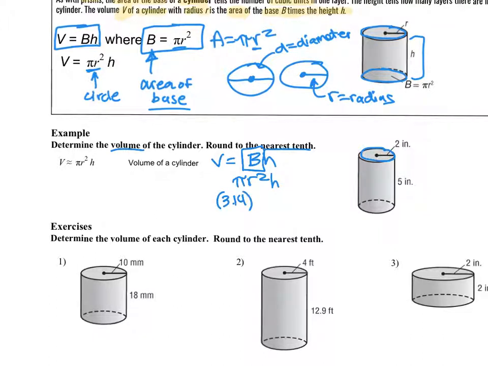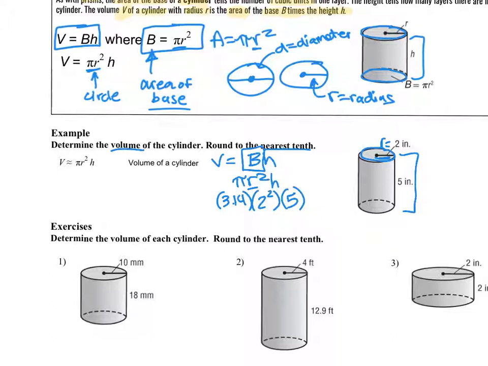It saves you some headache and cuts down on any mistakes you might make. My radius, they already gave me half of that circle, so that's 2. Don't forget to square it, and the height of this particular cylinder is 5.